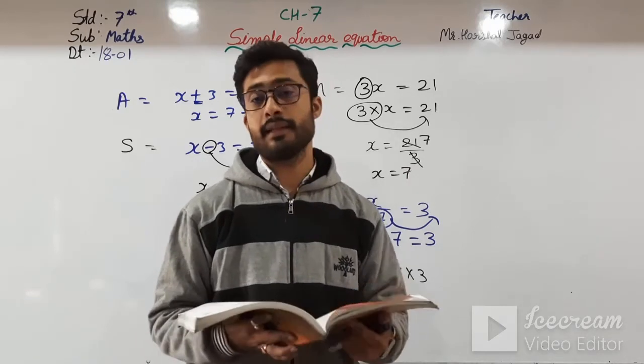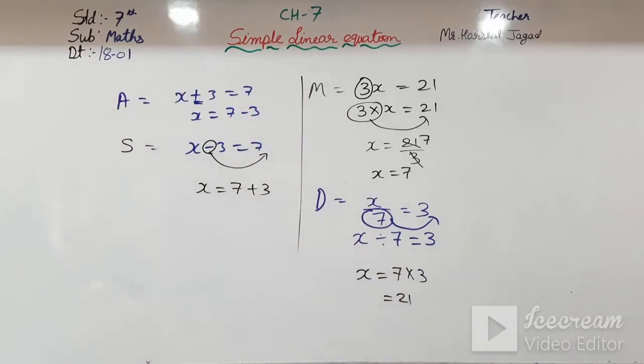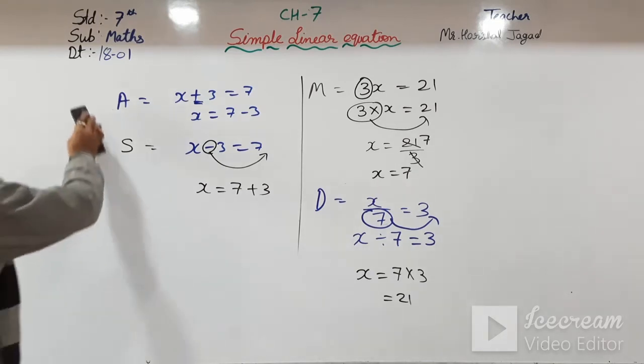Okay students, here in exercise 7a, question number 1 is to find the value of the unknown variables. Let us solve them one by one.